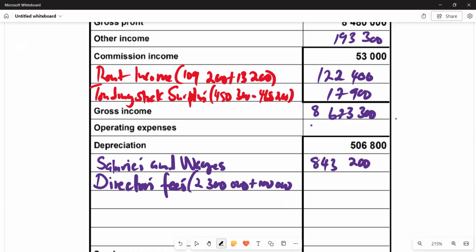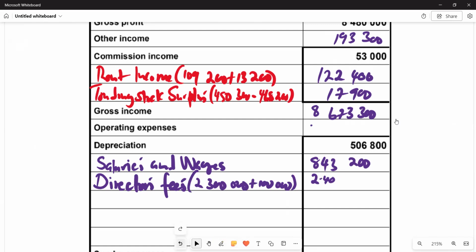The 100,000 is the one that we calculated there for the 2 directors that are still owed. And then if you add, you are supposed to get 2,400,000. So this is the figure that we are getting.